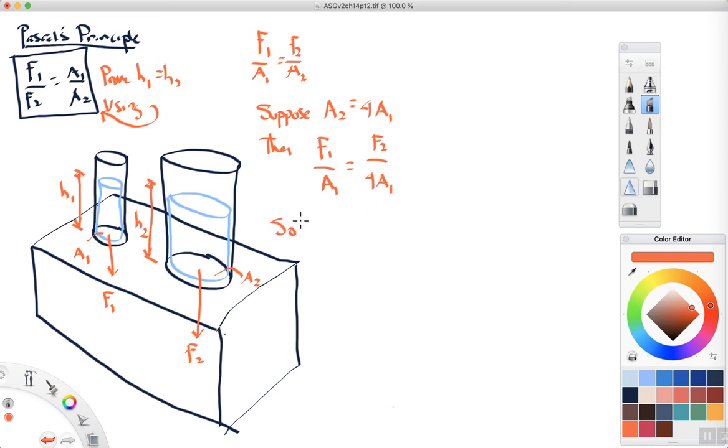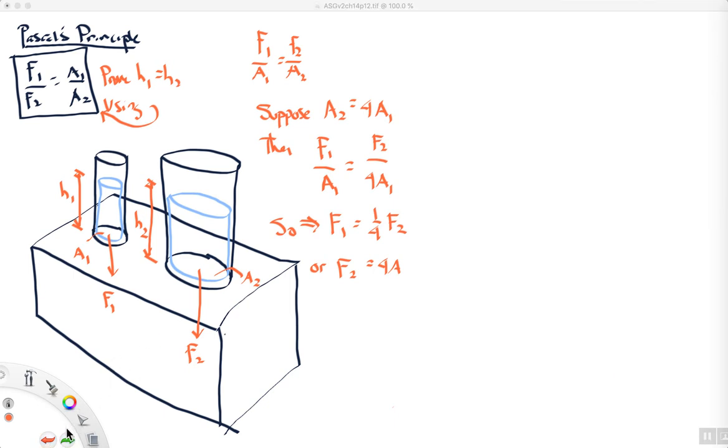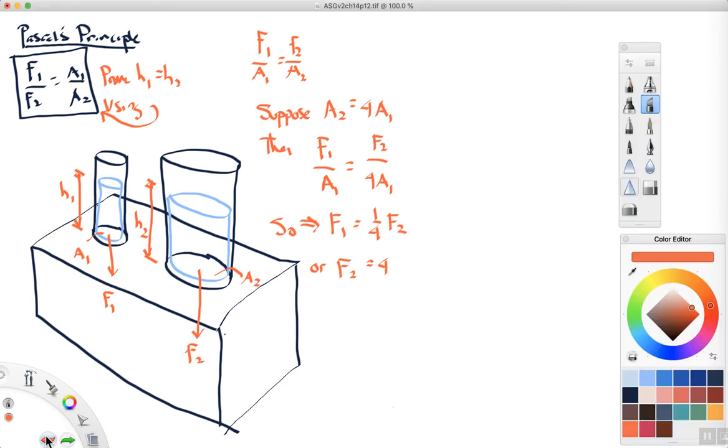So that implies that F1 is equal to 1/4 of F2. Or we could say F2 is 4 times F1.